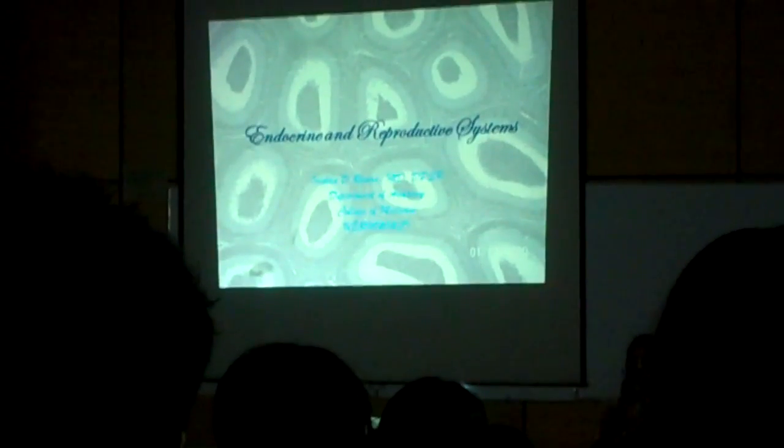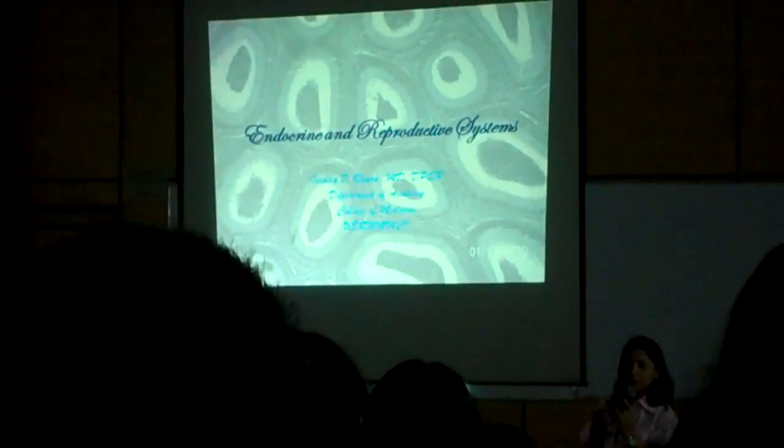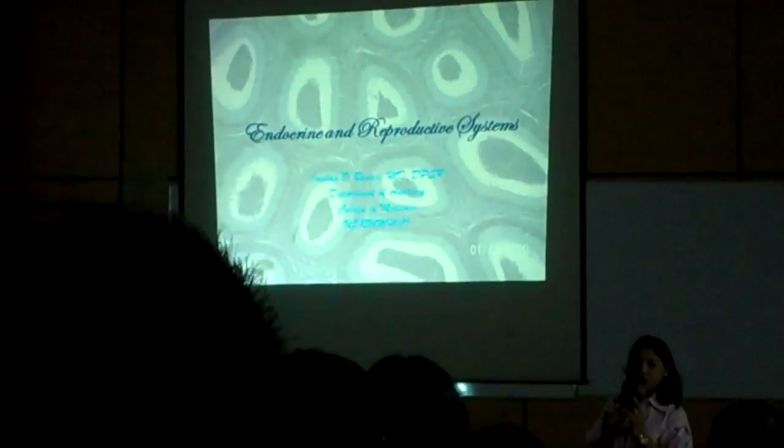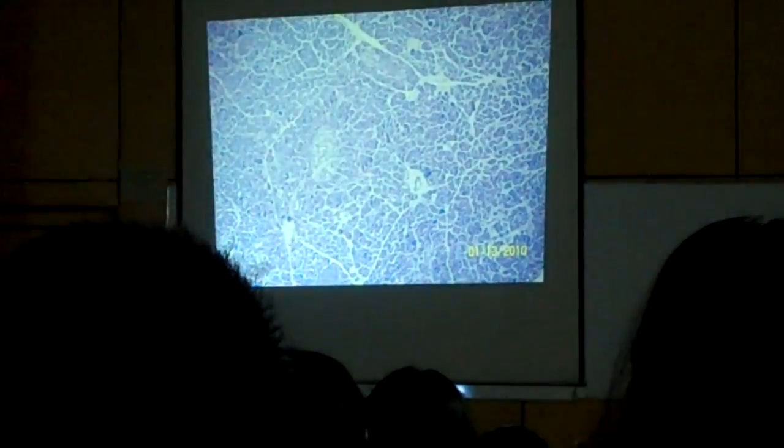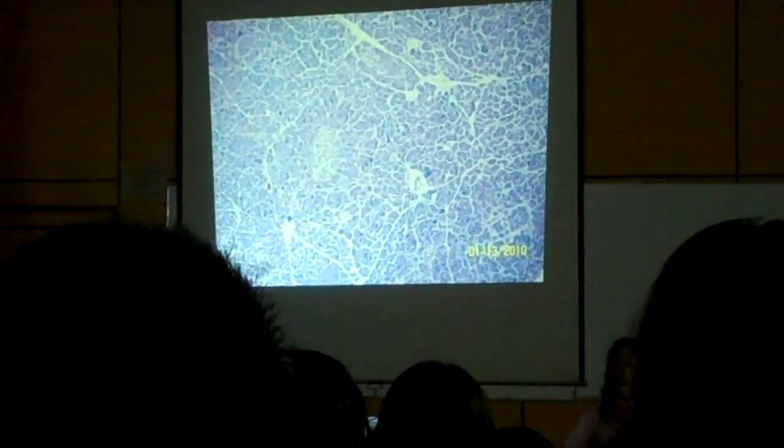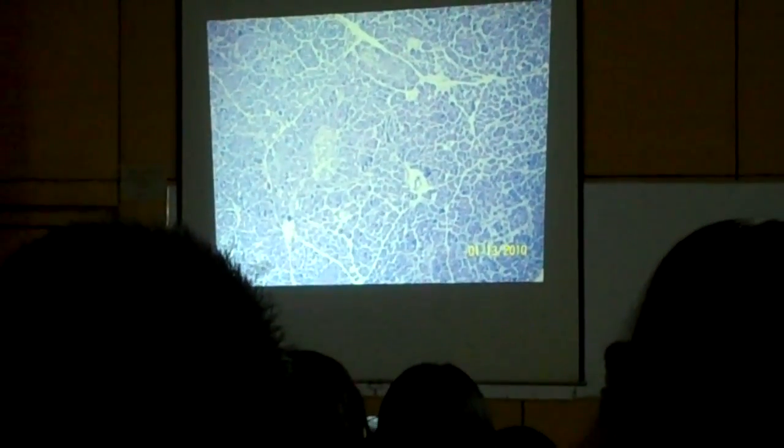So for a practical exam, you have Repro and Endo. For Endo, you have more on histo than gross, and for reproductive, you have more gross than histo. So you have an equal distribution for histo and gross.